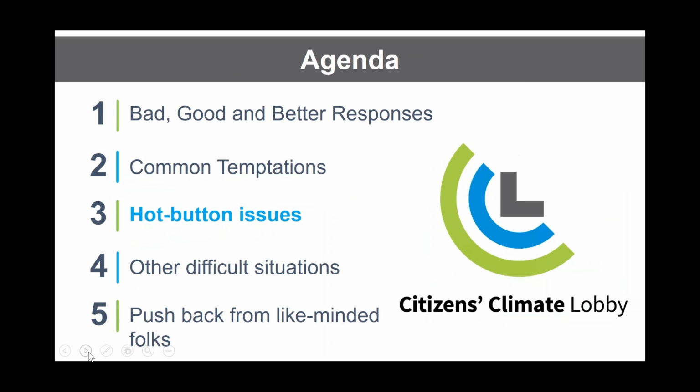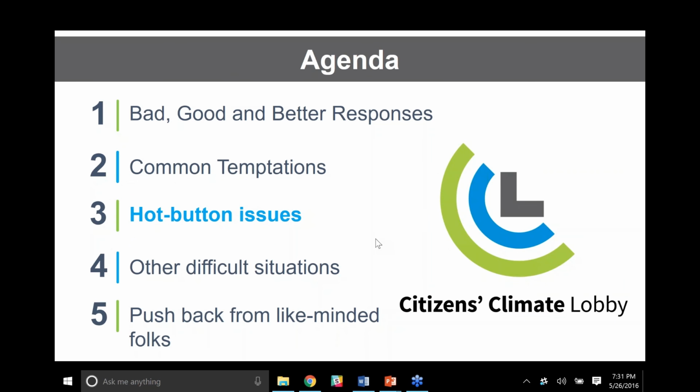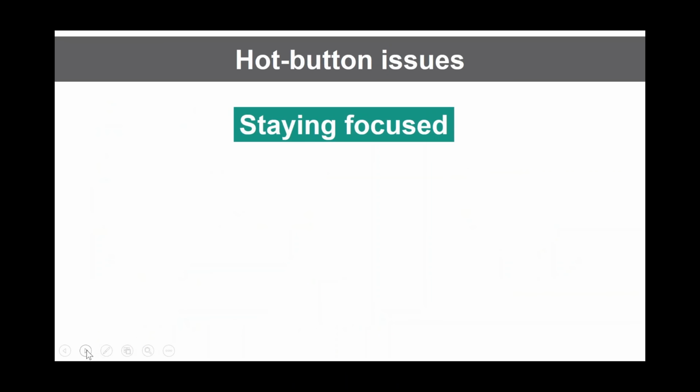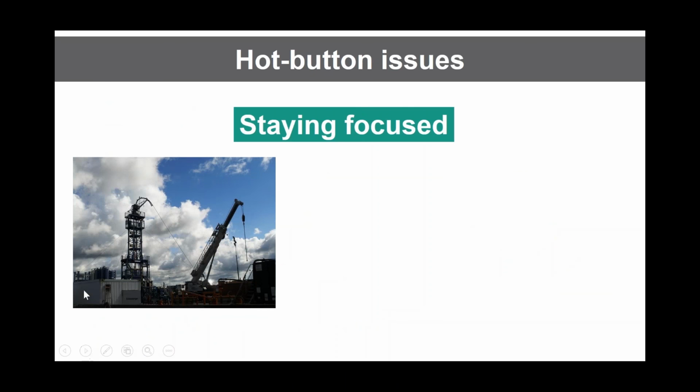All right. So next up, just real quick, what we've covered: we've talked a little bit about some bad, good, and better responses and some common temptations to avoid. Next, we're going to talk about some hot button issues and how to get back on track if they pop up. The real issue is how to stay focused.